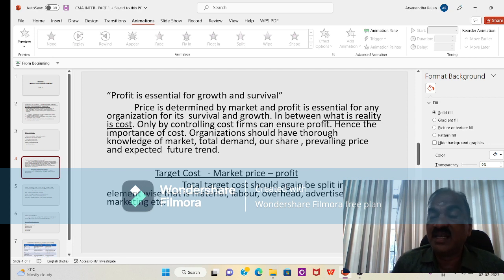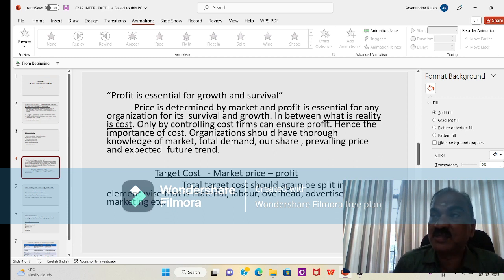Market price minus the profit required should be the target cost, and that target cost should again be split element-wise. If a TV can be sold in the market at 20,000 and you want a profit of 10%, 2,000, you should manufacture the TV at 18,000, which is the target.